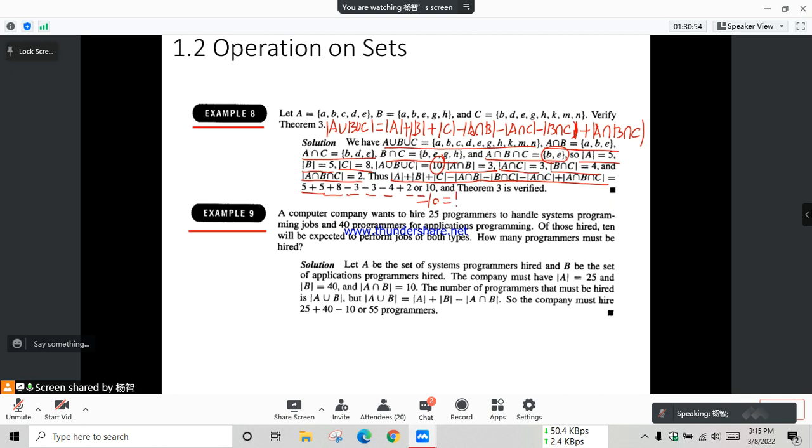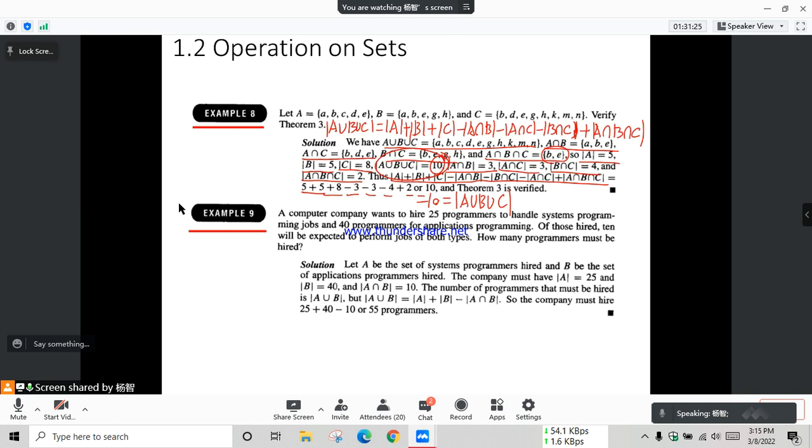So it's equal to the cardinality of the union of A, B and C, because it's equal to 10. Is that right? So we have used example 8 to verify theorem 3.